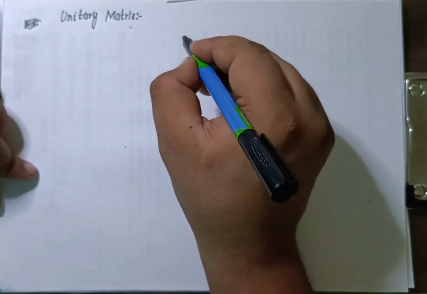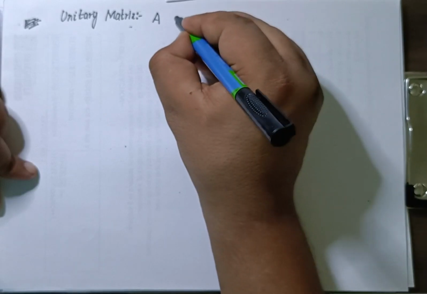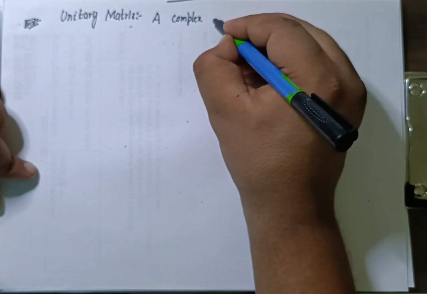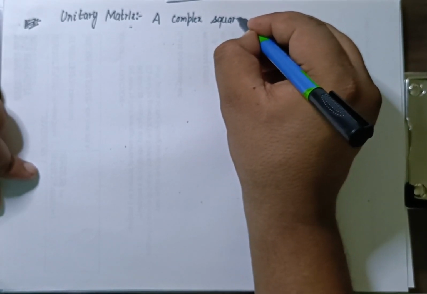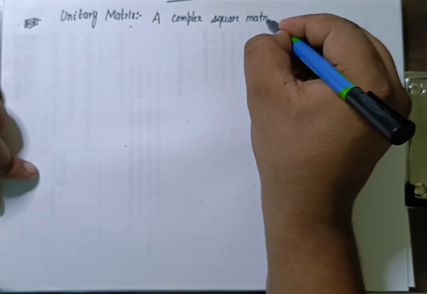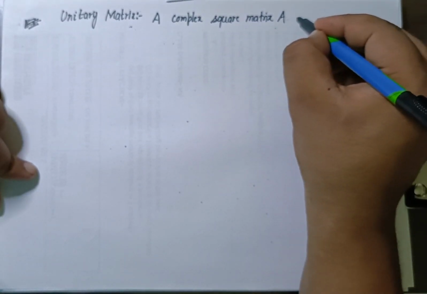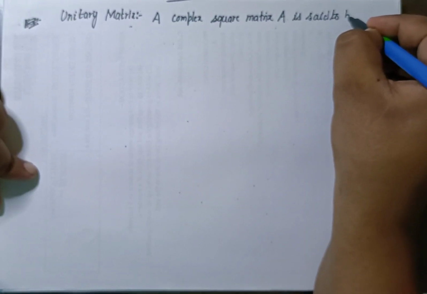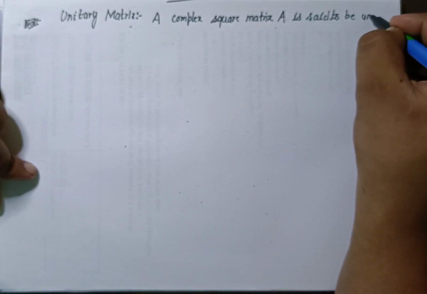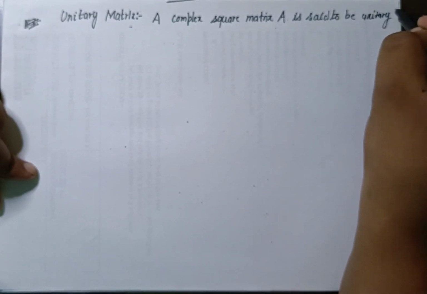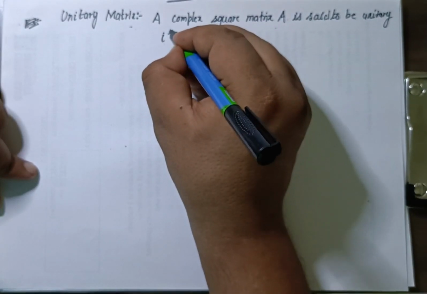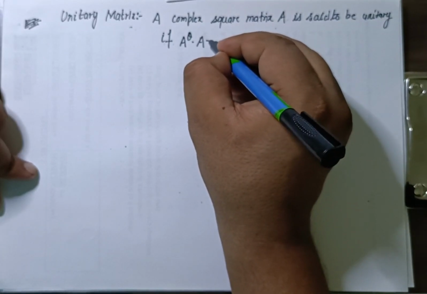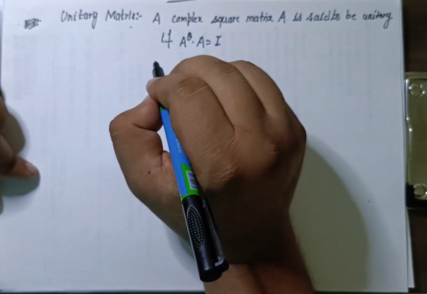A complex square matrix, a simple definition: a complex square matrix capital A is said to be unitary if A conjugate transpose, that is A theta, into A is equal to identity, right?